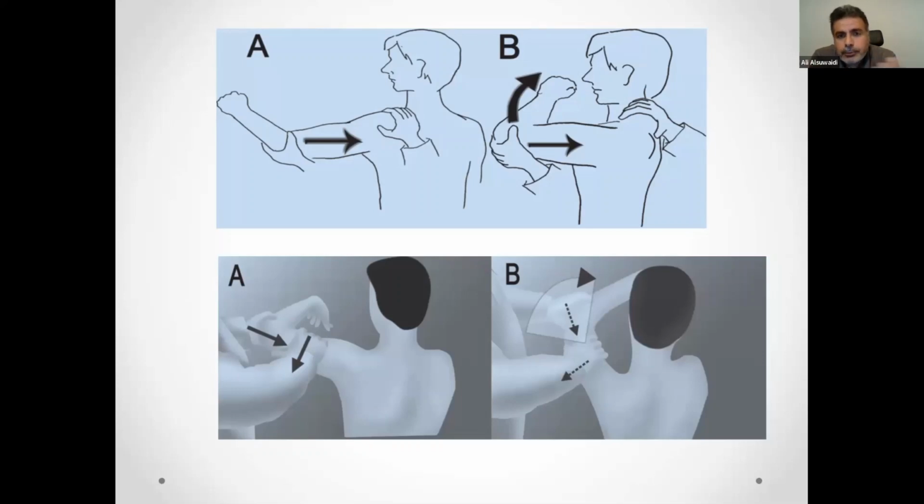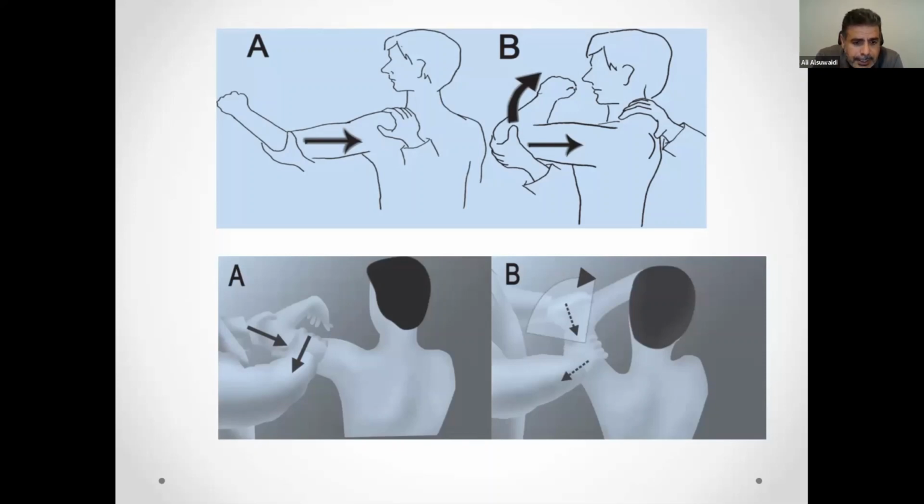Then as you bring it to a more abducted position, that head will clunk, or pop back into the glenoid, causing a painful click. This is the jerk test.